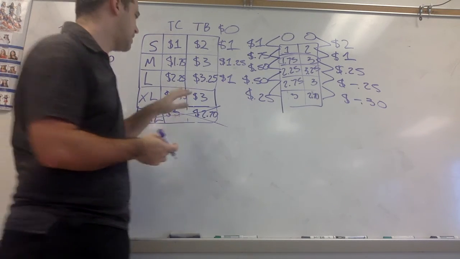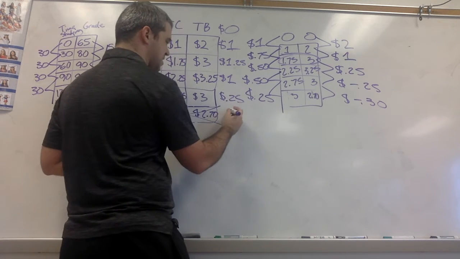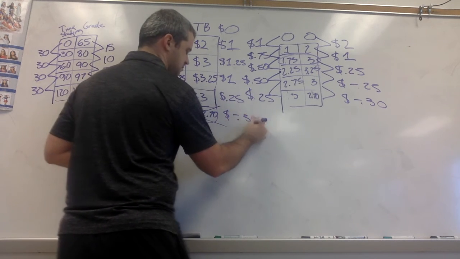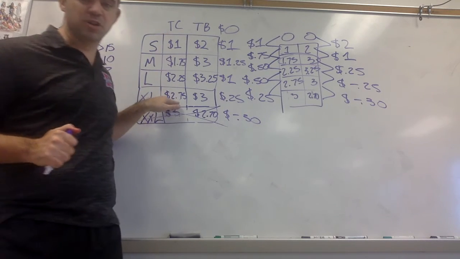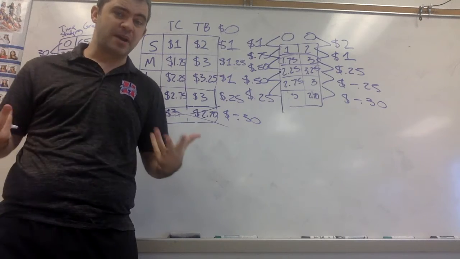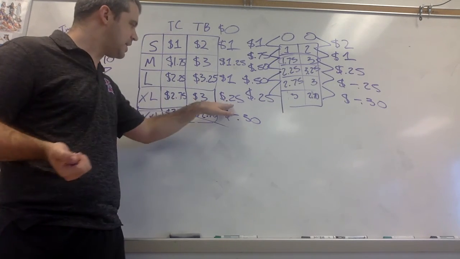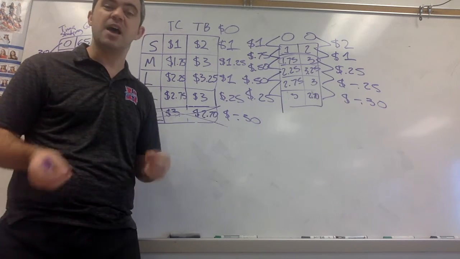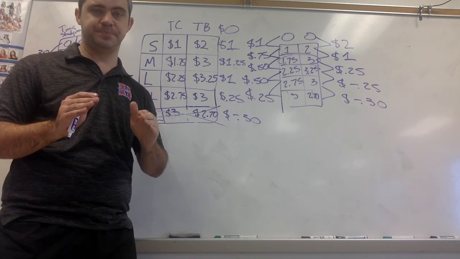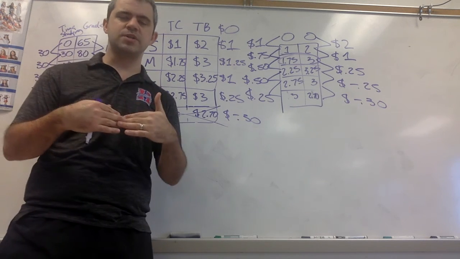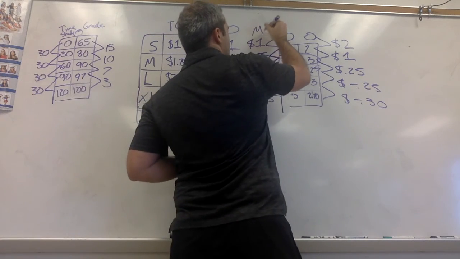Now, obviously, here our net benefit's 25 cents, and here our net benefit is really low. So if I get an extra large, am I still better off than if I had no fries? Well, yeah. So it makes sense for me to get fries, but I'm better off if I had stuck with the medium.